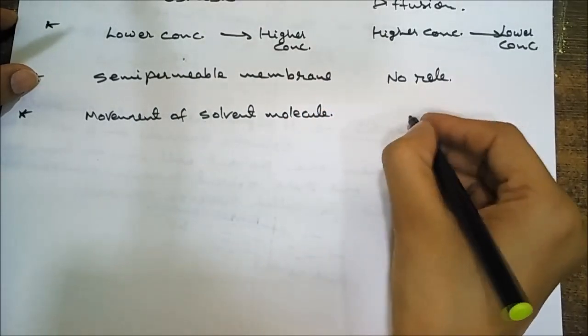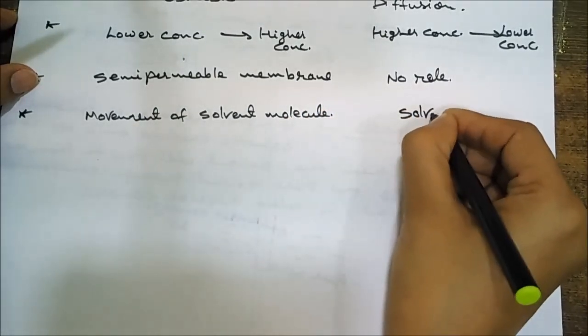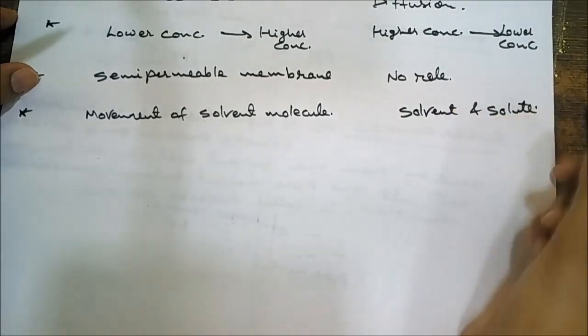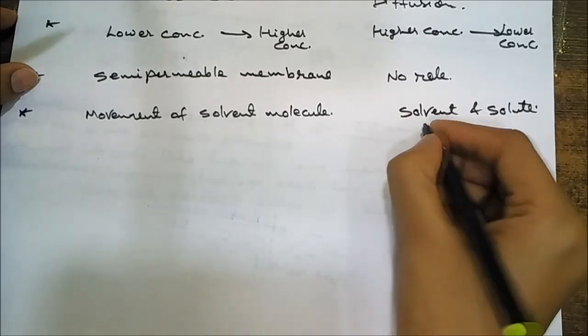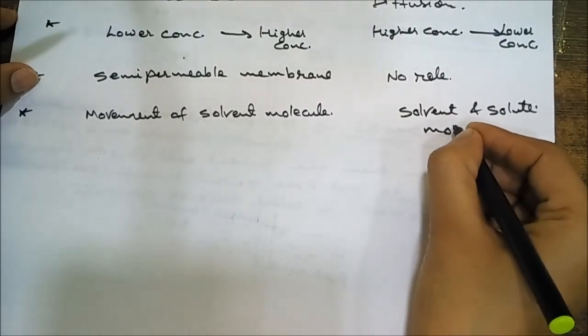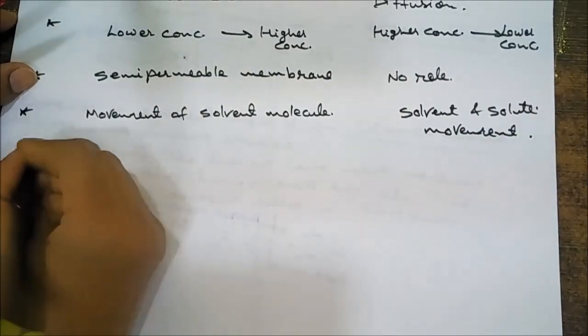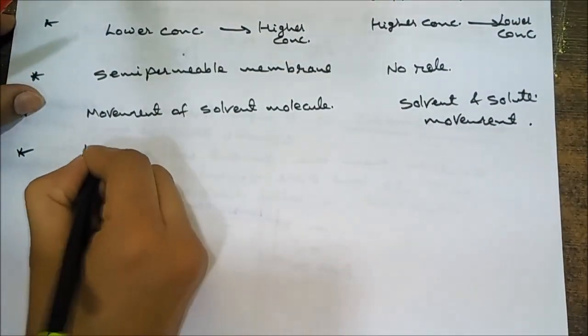Here in diffusion, both the solvent and solute molecules move from higher concentration to the lower concentration. Osmosis is limited to solutions only.